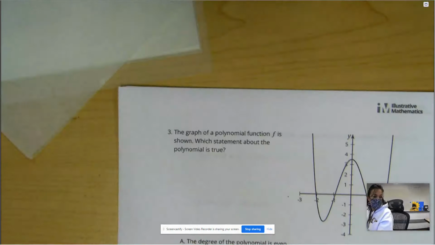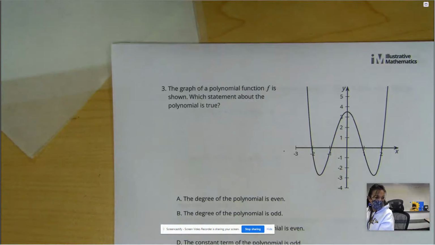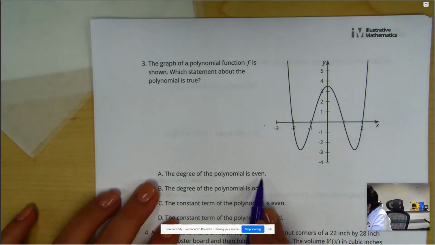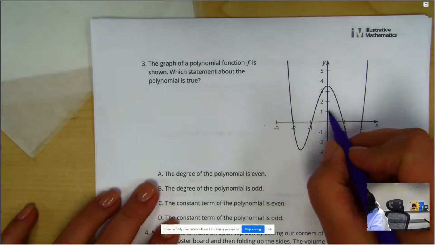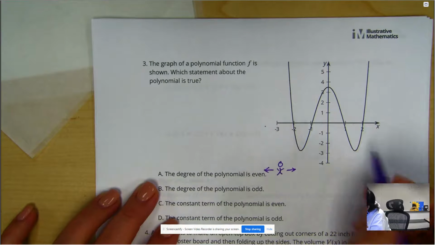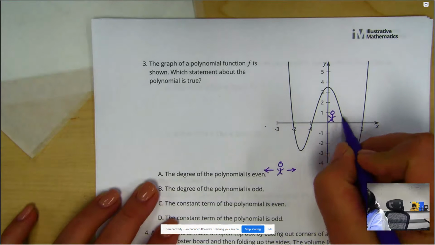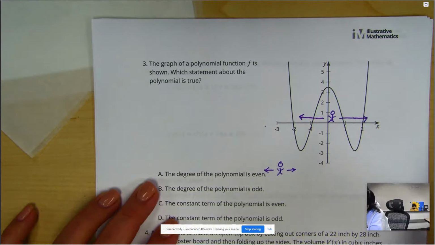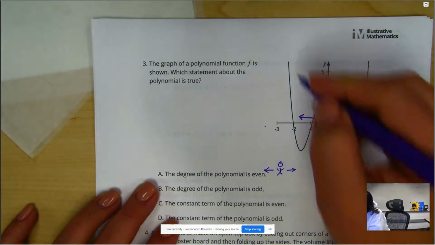Number 3, the graph of the polynomial function f is shown. Which statement about the polynomial is true? The degree is even. If the degree is even, then no matter which way I go, right or left, I'm getting bigger and bigger in the positive or bigger and bigger in the negative. My outputs are both getting bigger and bigger in the positive.